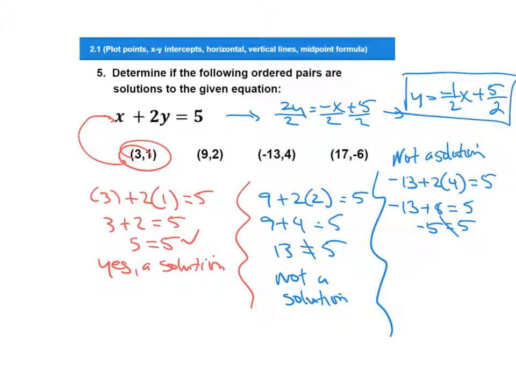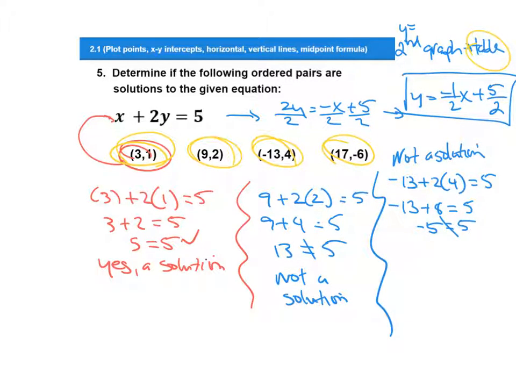This equation I would substitute into y equal, and then I would go to second graph to look at the table. I'm looking for every one of these. If I find those ordered pairs in the table, then I know that it's a solution.